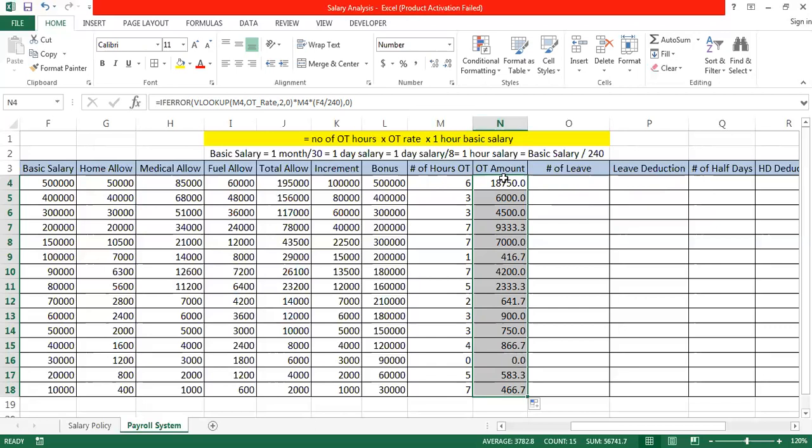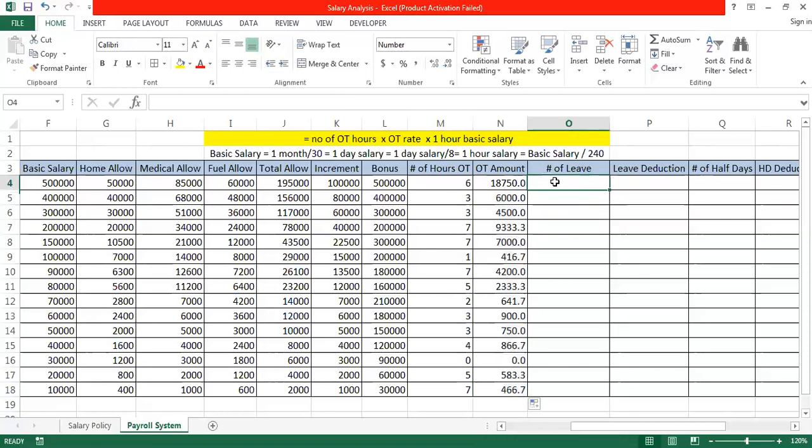I can also resolve this issue by using the if else formula. I will discuss the if else formula for leave deduction and further in half day deduction. For overtime, it is your assignment to work out how you can apply the if else formula to resolve this issue. All right.